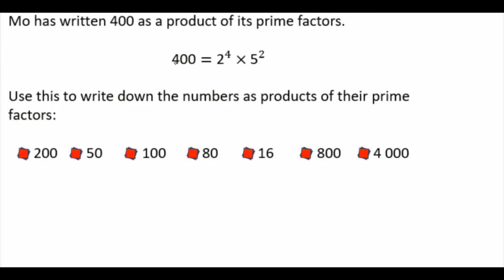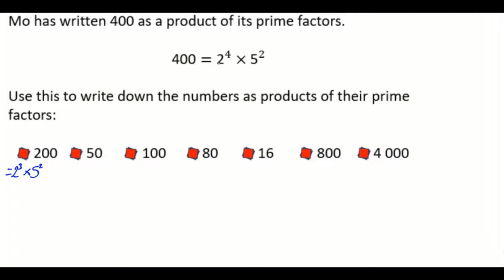So 200 is half of 400, so we'd need to divide this number by 2. Well, if we had 2 to the power of 4, if we divide that by 2, we'd be left with 2 to the power of 3. So 200 is going to be 2 to the power of 3 times 5 squared. Now 50 wouldn't actually take too long to do the factor tree, but 50 is an eighth of 400.